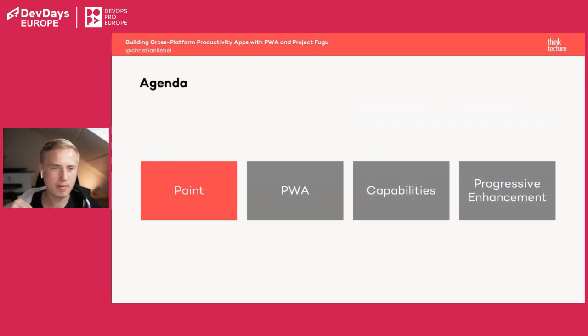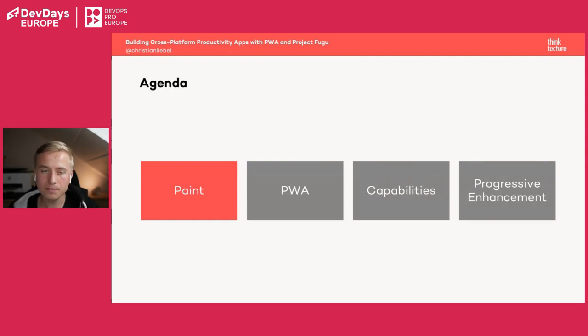So building a great web application that just works fine in the browser, then adding PWA capabilities, offline capability, installability, adding even more platform-specific capabilities, file system access, clipboard access, and so on. And then how to ensure that also users of other and older browsers can continue to use your application. This is what progressive enhancement means.